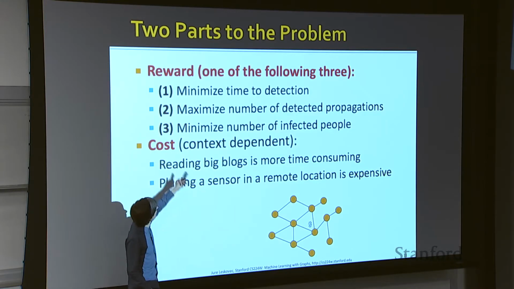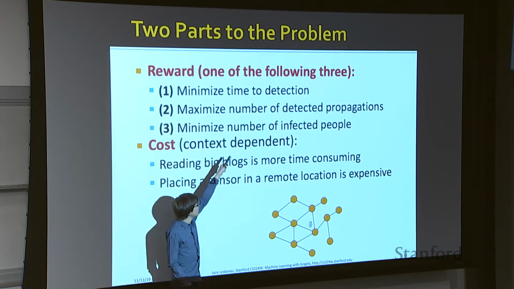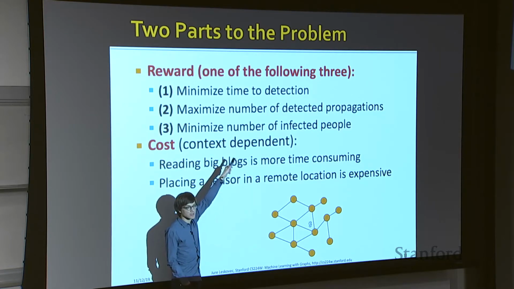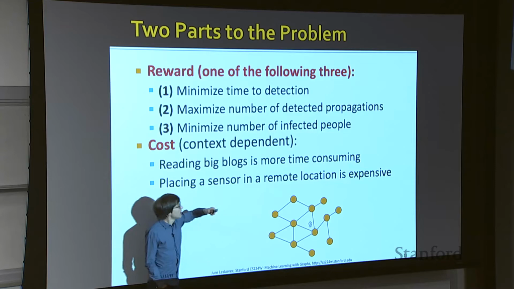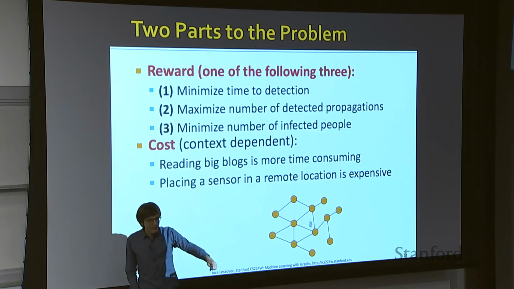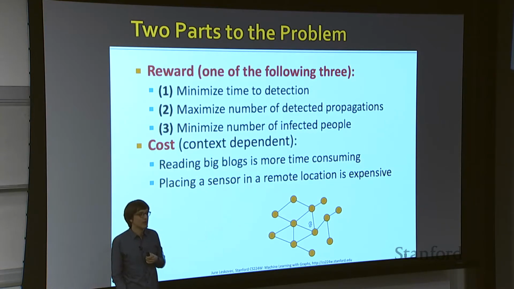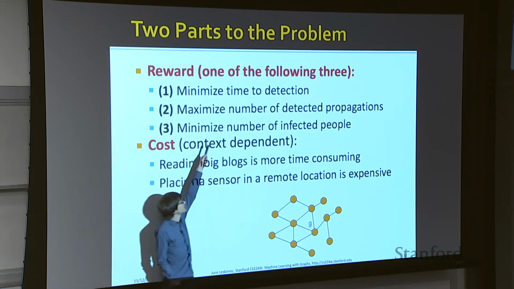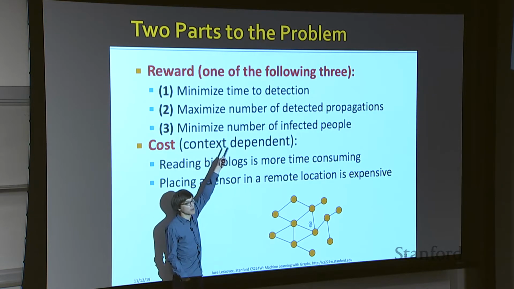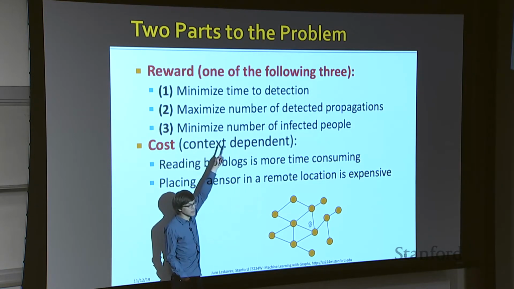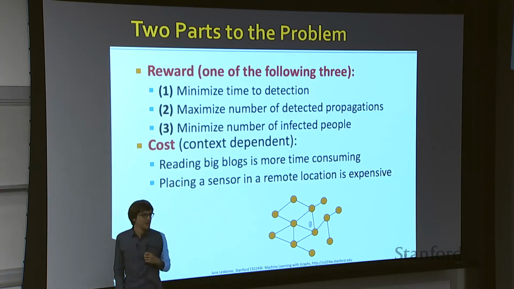Another one, for example, could be to say, I want to maximize the number of detected outbreaks, right? So this one says, I don't care how late I detect, but I just want to know that there was an outbreak, right? This is what Serena was asking. So if I just care about detecting, but I don't care how late, number 2 will give me that, right?